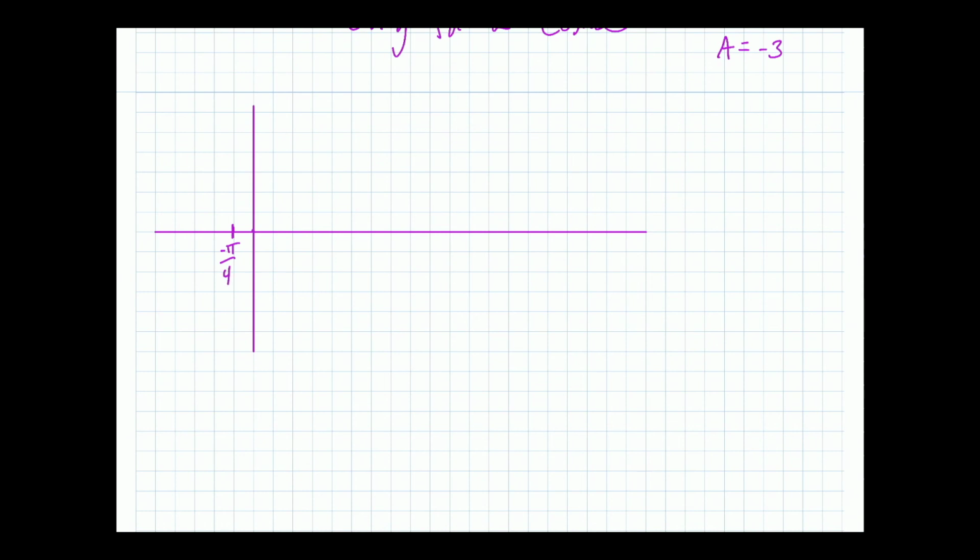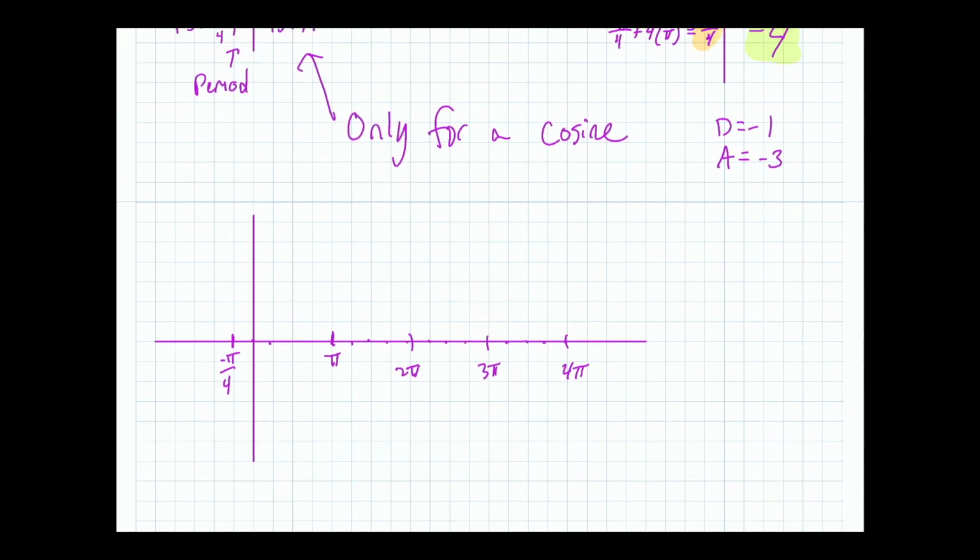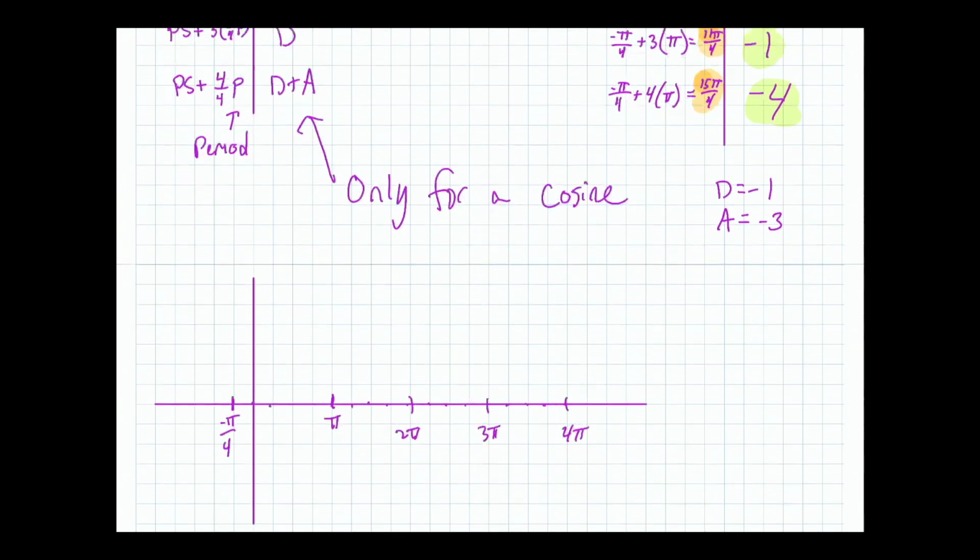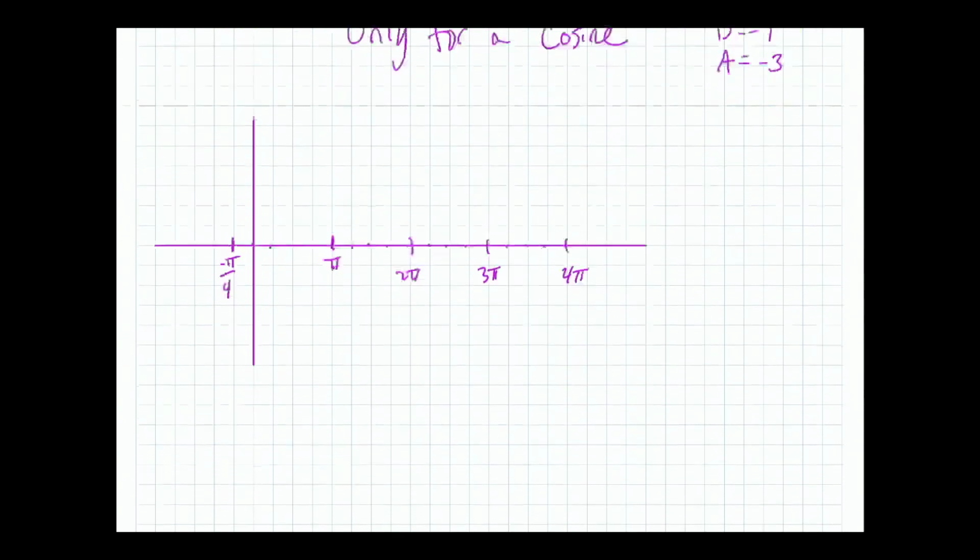And then 1, 2, 3, 4. So this is pi. 1, 2, 3, 4, 2 pi. 1, 2, 3, 4, 3 pi. 1, 2, 3, 4, 4 pi. Okay. And then for my y values, I need negative 4 up to positive 2 on here.